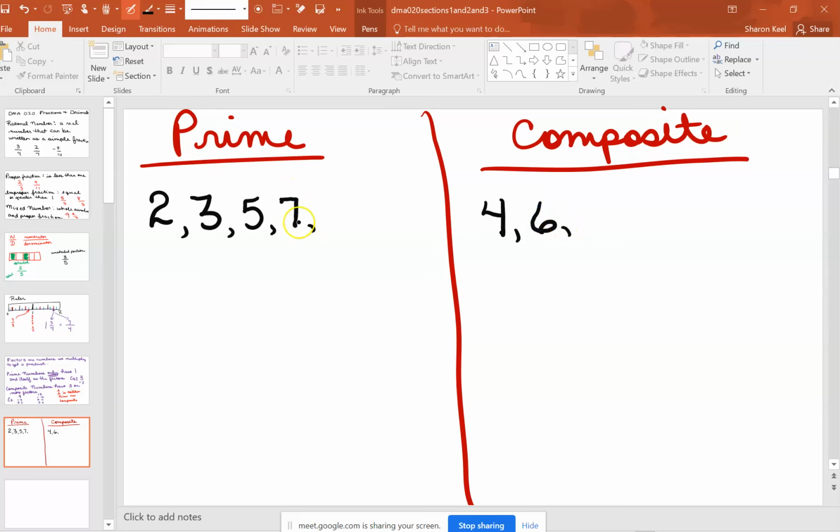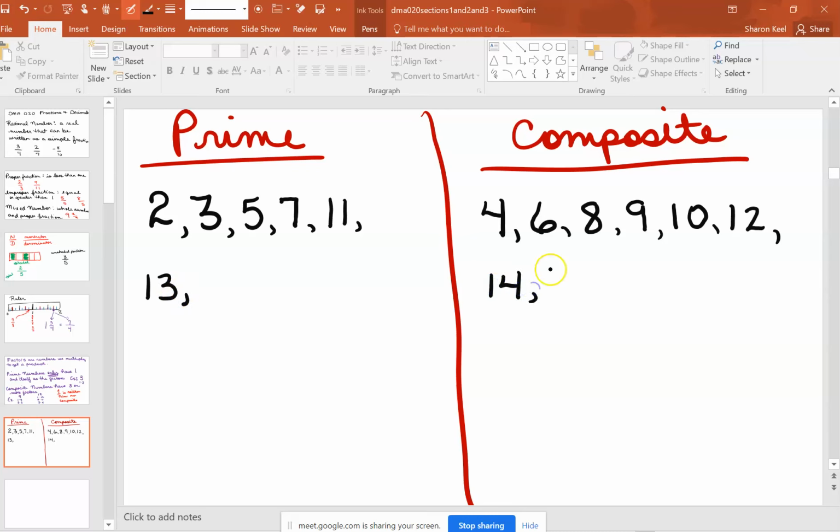7, we only have 1 times 7. 8, we have 1 times 8 and 2 times 4. 9, we have 1 times 9 and 3 times 3. 10, we have 1 times 10 and 2 times 5. 11, we just have 1 times 11. 12, 1 times 12, 2 times 6, 3 times 4. 13 is prime. 14, we also have that 2 times 7. 15, we have a 3 times 5. 16, we've got the 2 times 8.